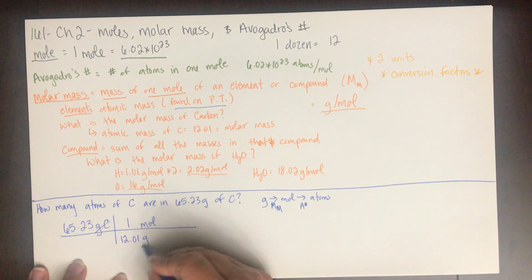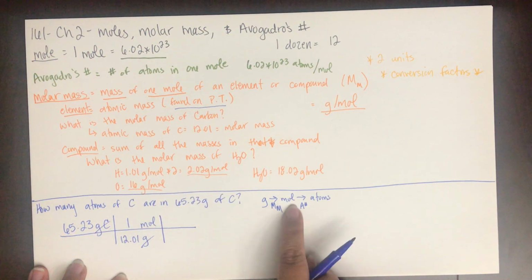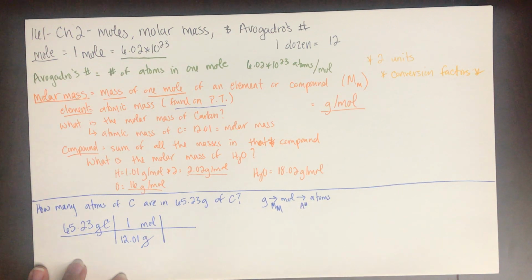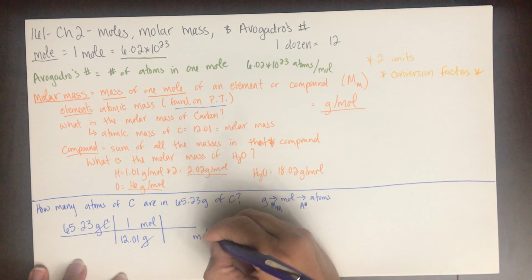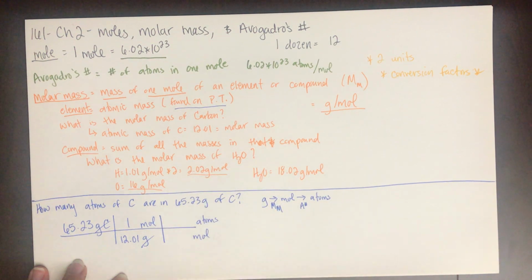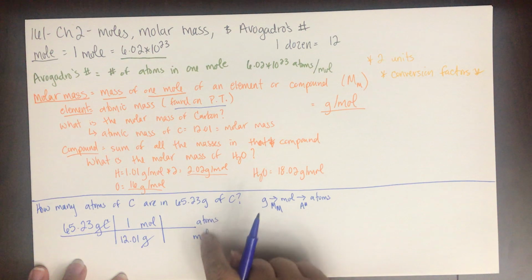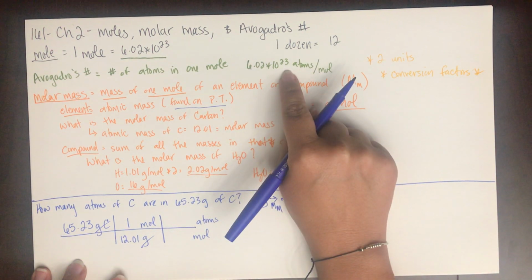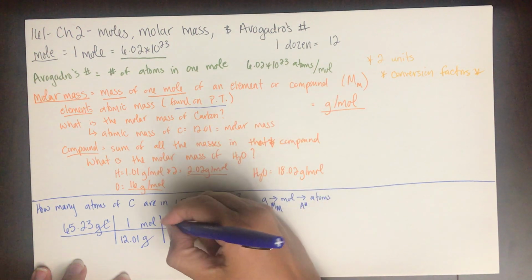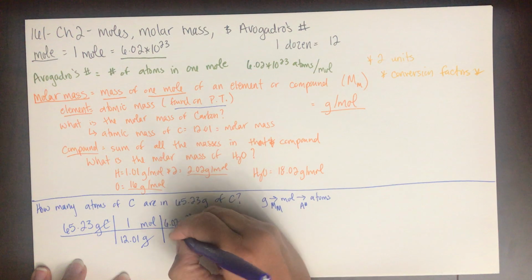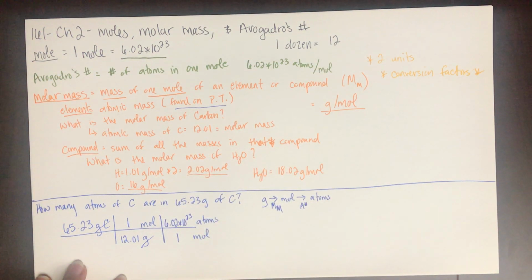So now I've done my first step. I've gone from grams to moles. The next step is to go from moles to atoms. So I know I want moles on the bottom and I want atoms on the top. So moles will cancel. To go between moles and atoms, it doesn't matter which element you have, you always use Avogadro's number. 6.02 times 10 to the 23rd atoms in 1 mole. Moles will cancel.